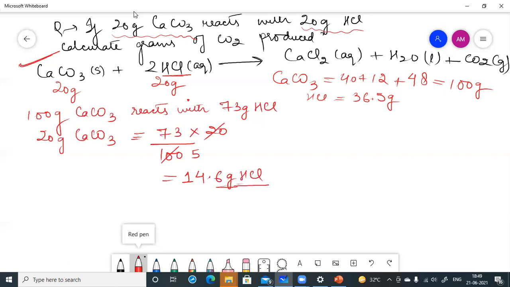Now the amount of HCl which is given to you in the question is more than what will react, okay. So you can say that here calcium carbonate is the limiting reagent, ठीक है। तो पहला step आपका क्या था? To determine what the limiting reagent is. Even if it is not mentioned in the question that you have to determine the limiting reagent, you will have to find it out.